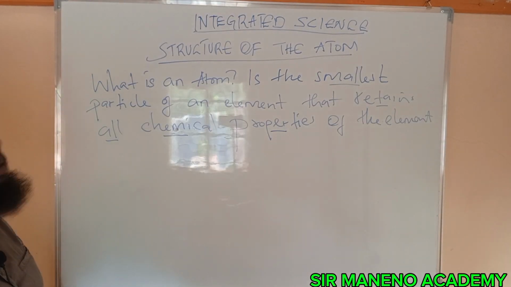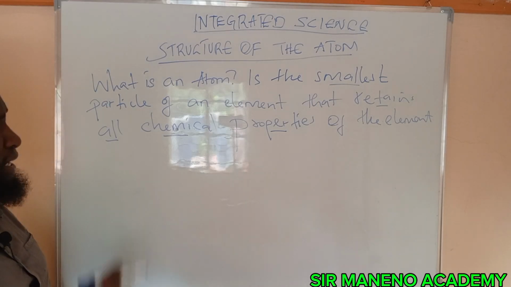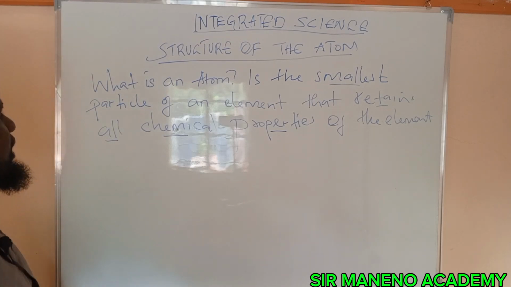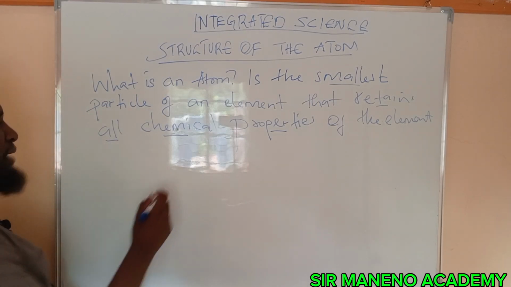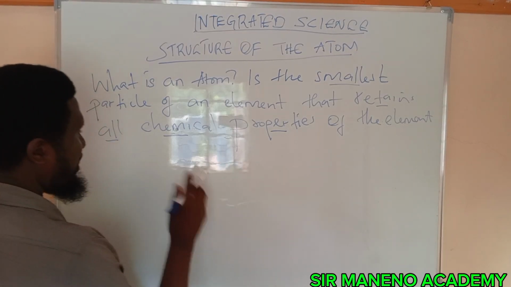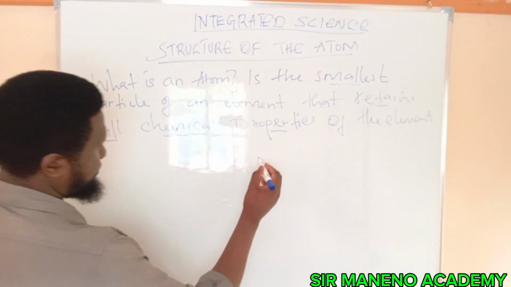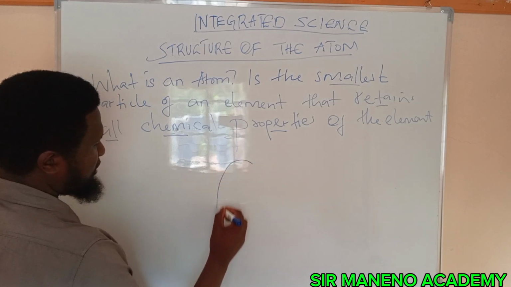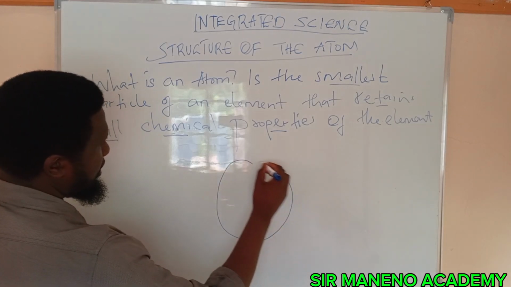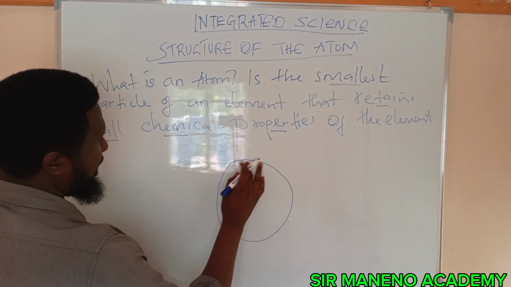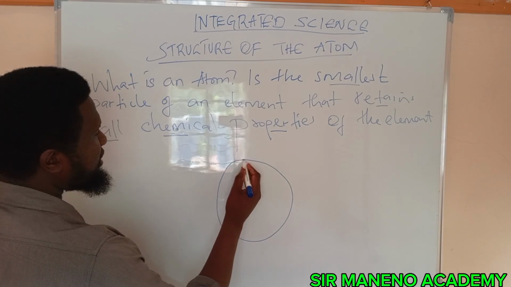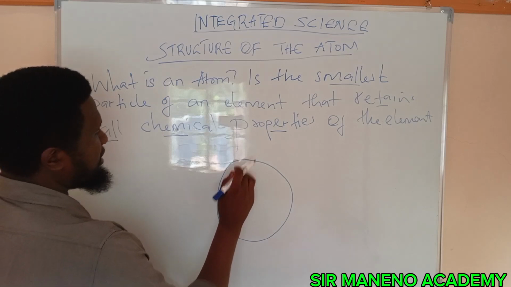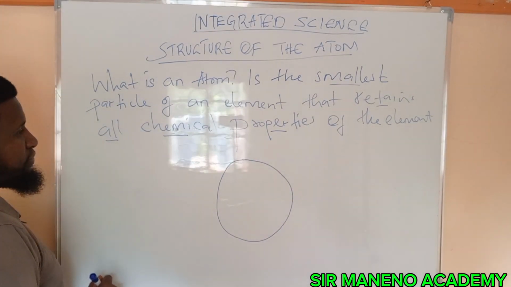So how does an atom look like? Now I want you to see this. I want to have a sketch here of how an atom looks like. And remember, atoms are found in elements.